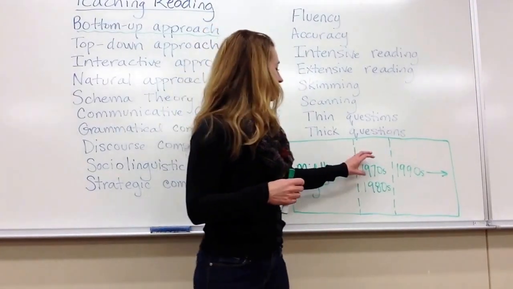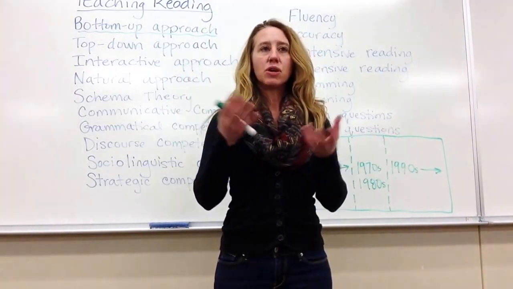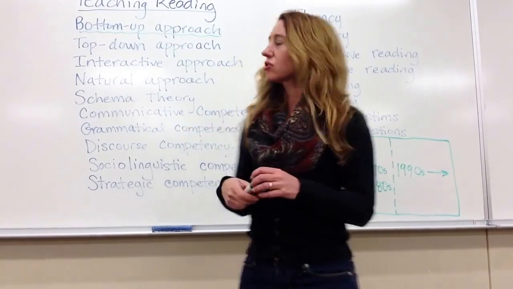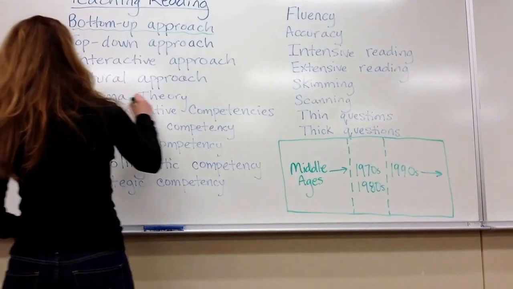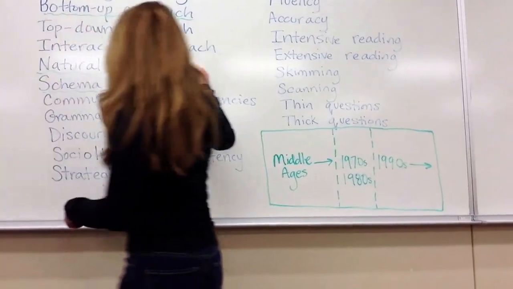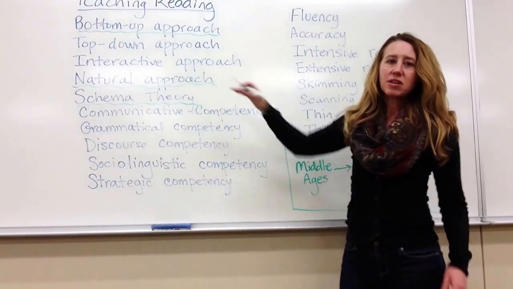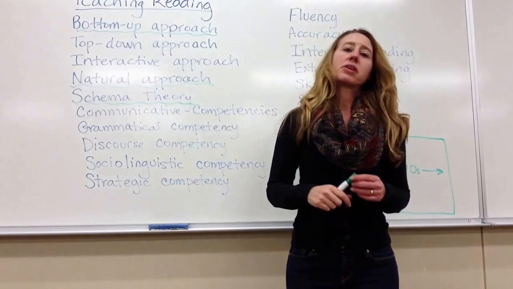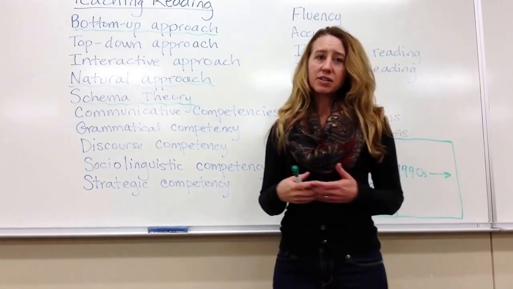So you've got the natural approach, but you've also got a new way of thinking about language, and that is schema theory. So we've got schema theory here. And schema theory was originally an idea that came out of cognitive psychology.